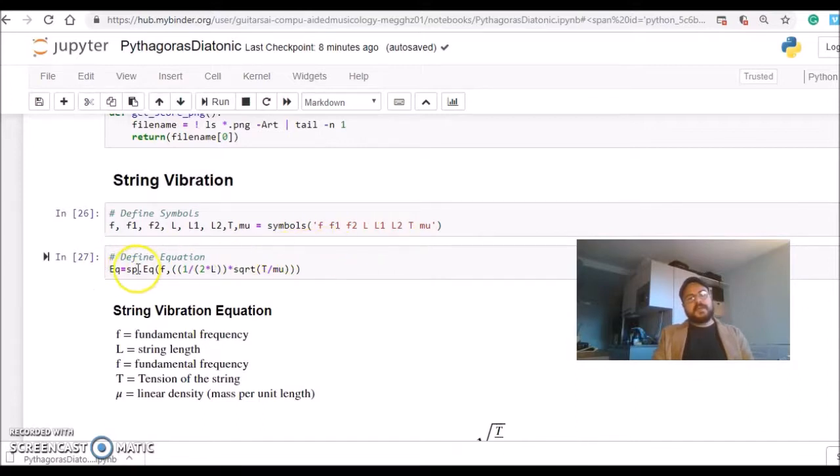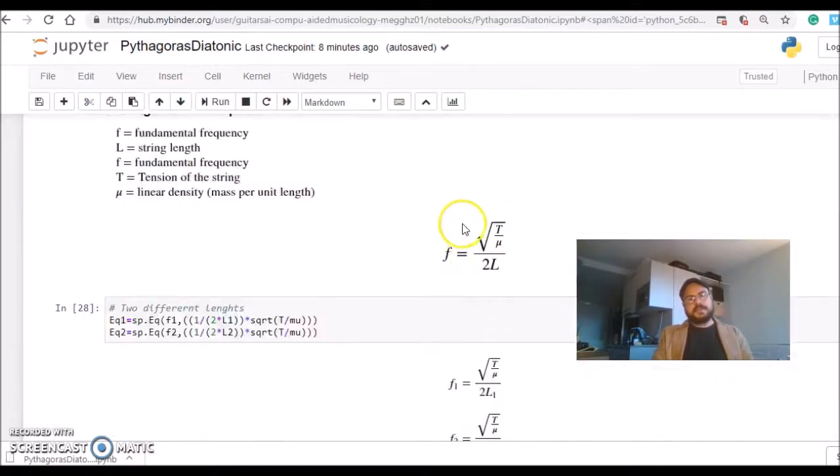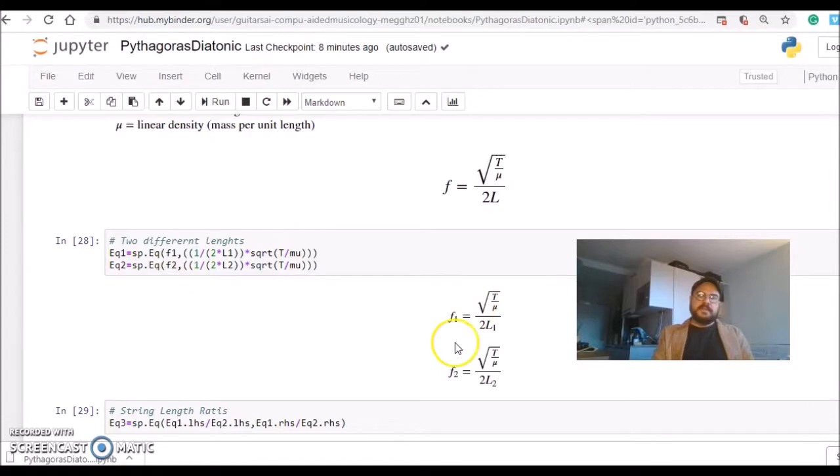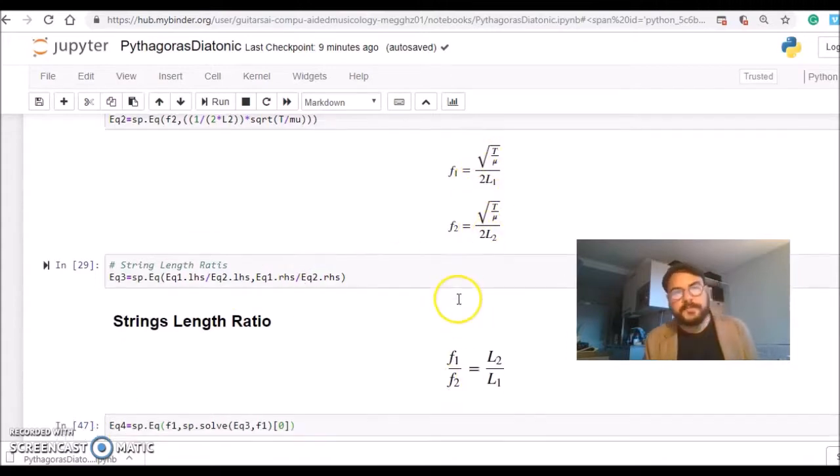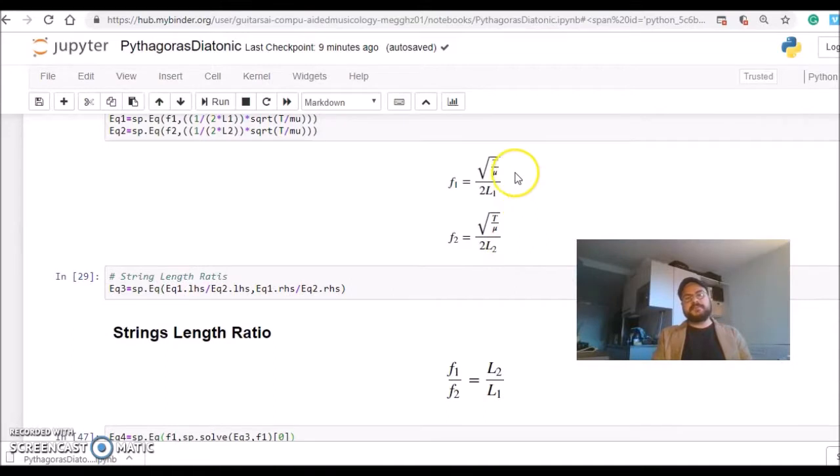Here I'm defining an equation. This is how we do it. So it's this one. Now I'm defining this and this equation, and for equation 3, I'm just dividing the left hand side of the equation, which equals the right hand side of the equation, divided. So sympy already simplifies because this is the same.